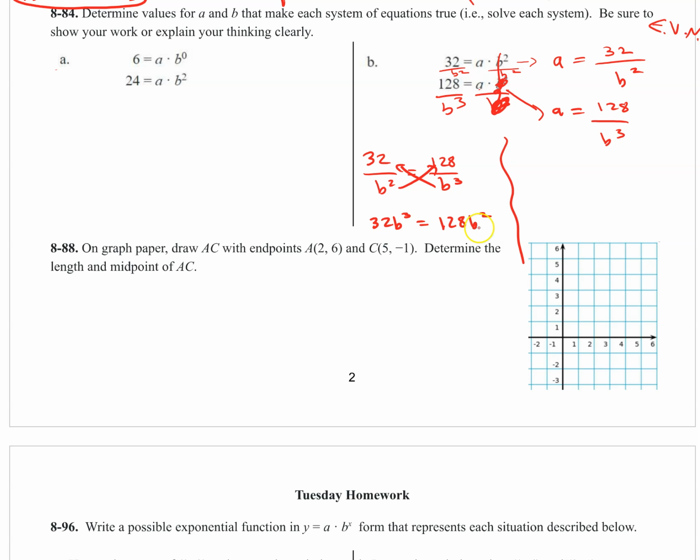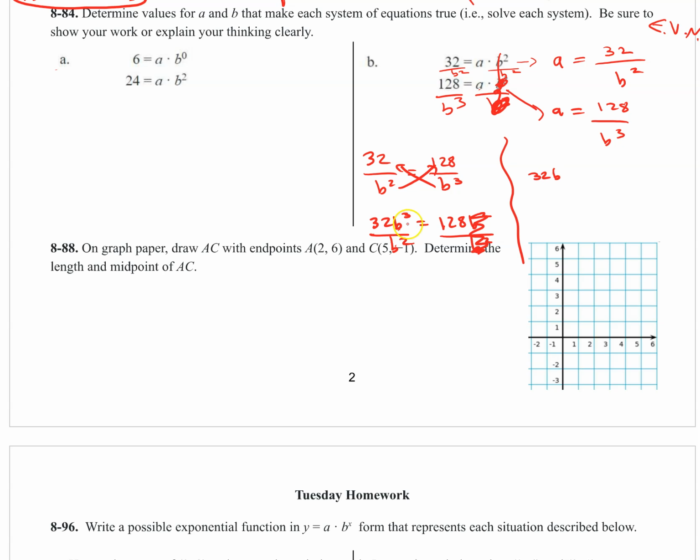We've got b cubed and b squared, so let's divide by b squared. All right, so on the right, b squared divided by b squared is cancellation. And then on the left, when you divide b divided by b, the exponents subtract.